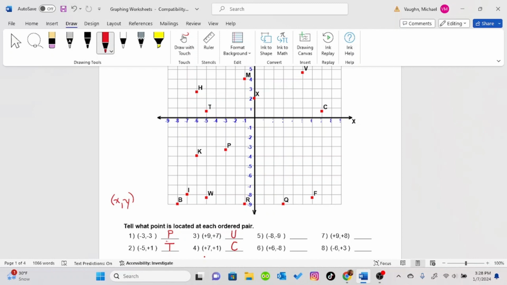That means we go left to x equals -8, down to y equals -9, and we have point B. Number 6, we have +6, -8. That means we go right to x equals 6, we go down to y equals -8, and we're at point F.